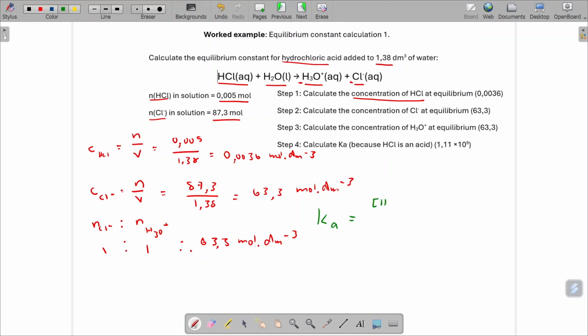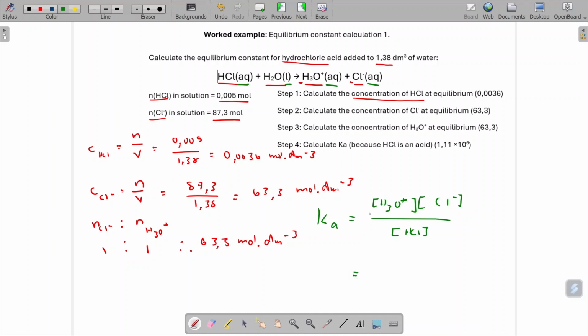So that's going to be the H3O+ times the Cl− divided by the concentration of the HCl. Note that HCl is aqueous, hydronium is aqueous, chloride is aqueous, so we include their concentrations, while the water is liquid, so we don't include the concentration of the water in our Ka expression.